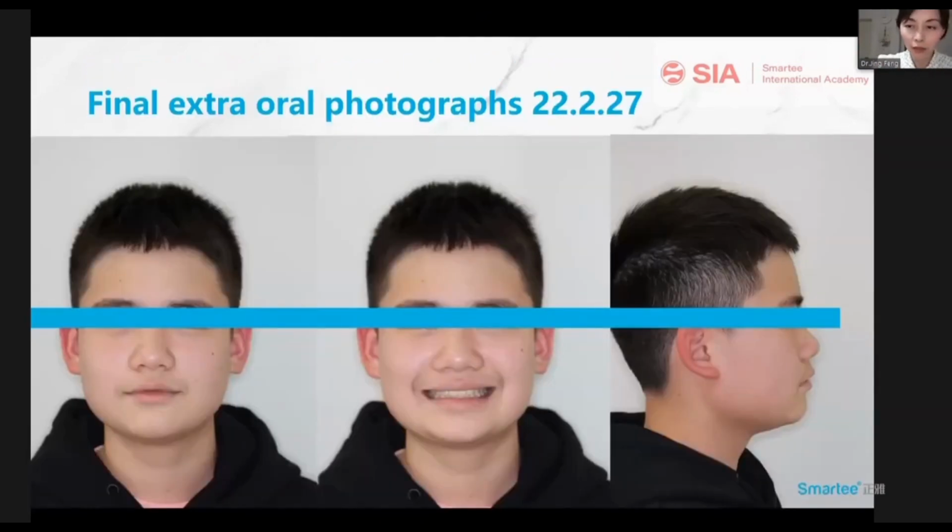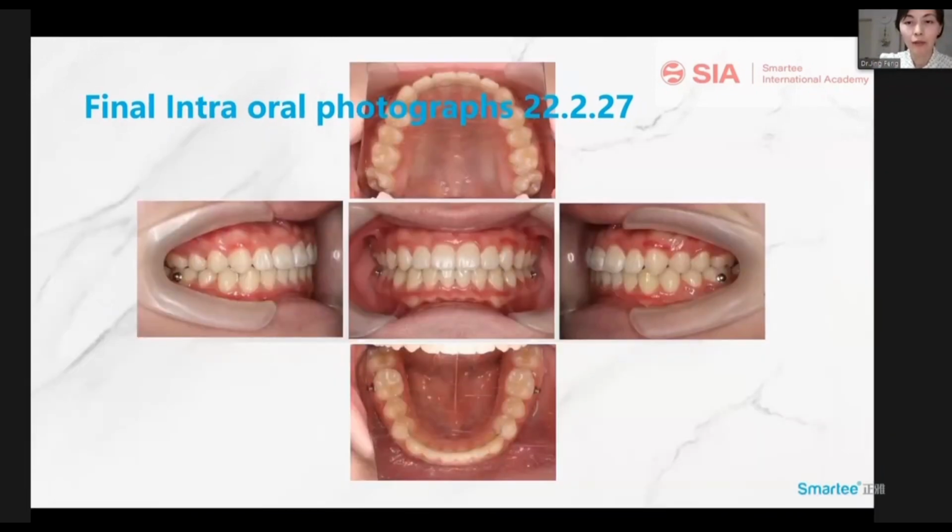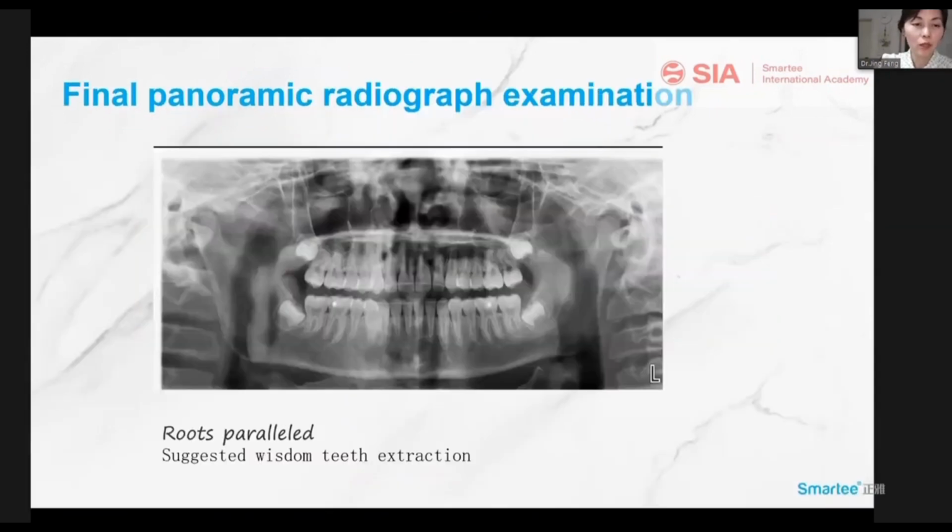At the end of the treatment, the chin point is on, and the lower midline is on also, and the lower jaw, the mandible, was positioned forward, and a very beautiful interdigitation is presented. In this case, the roots are paralleled beautifully, and we suggest the patient take the wisdom teeth out maybe 2 or 3 years later.